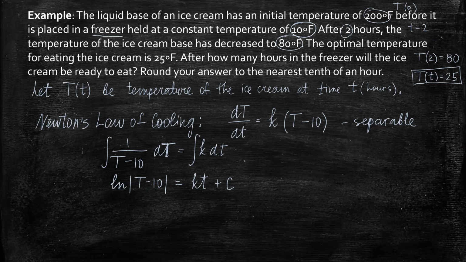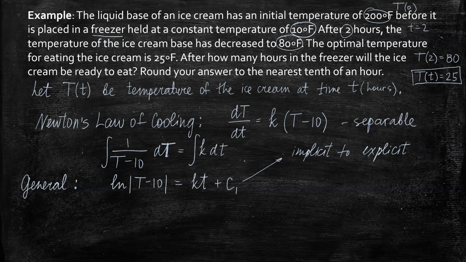And this is our general solution. However, we've seen this type of solution before, so let's call this C1, and we're going to isolate the capital T. So we're going to rewrite the implicit solution explicitly.